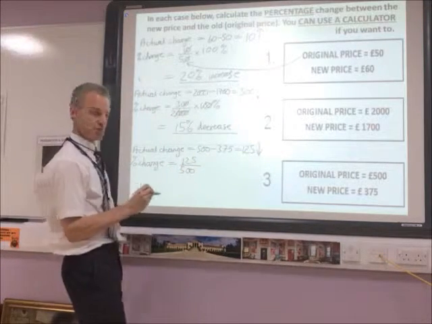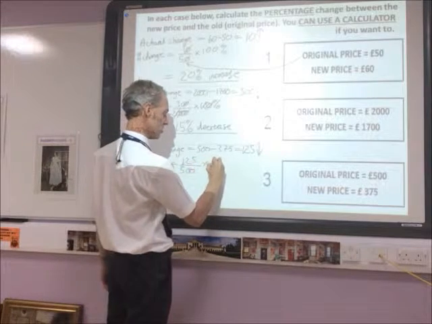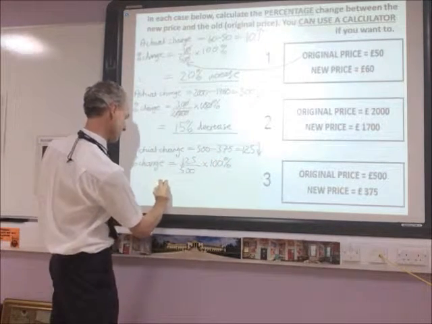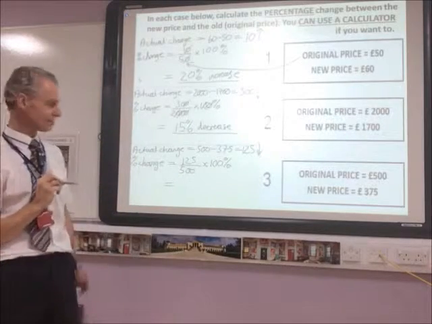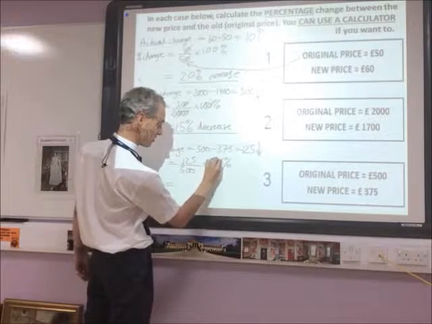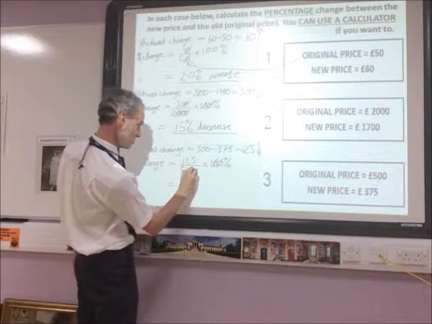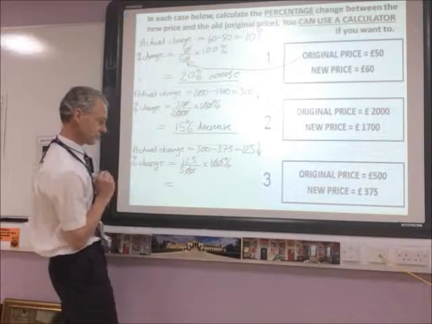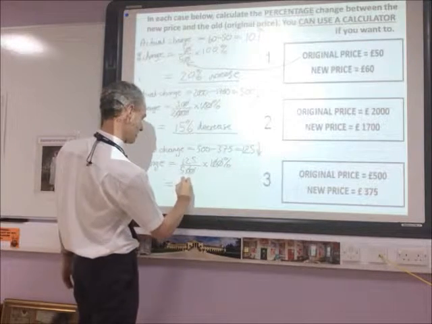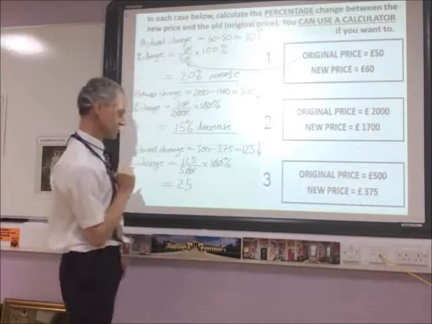But to change it into percentage, I must times by 100%. Okay, I could work that all out on my calculator, or I could do some cancelling down as well. Divide top by 100, divide the bottom by 100. So I've now got 125 divided by 5. I can do that one in my head as well, which is 25%.